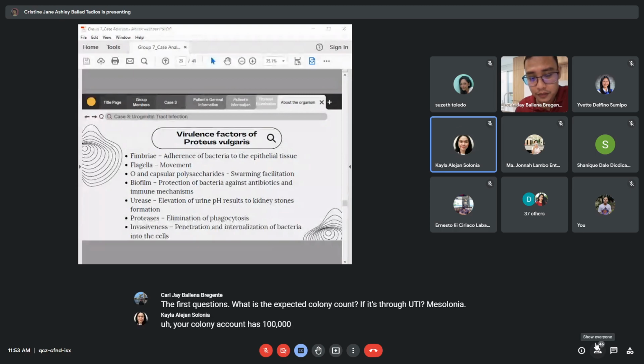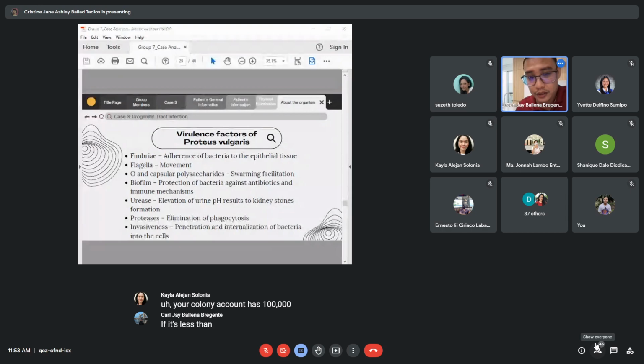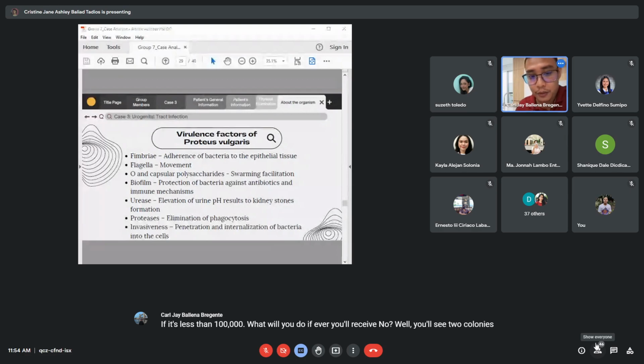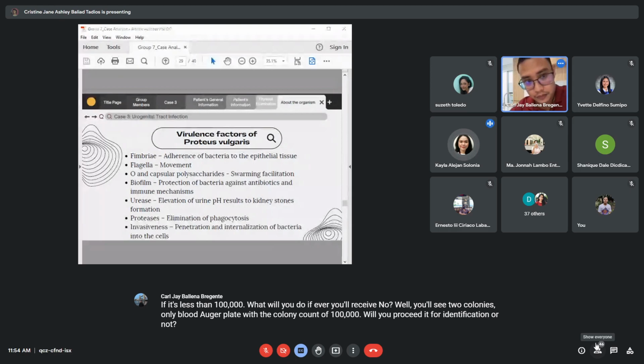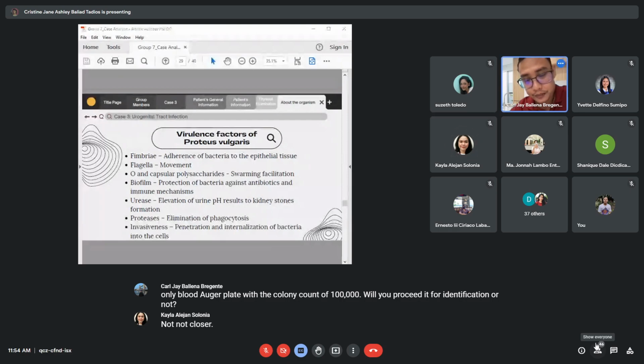If it's less than 100,000, what will you do if you see two colonies on a blood agar plate with a colony count of 100,000? Will you proceed with identification or not? Not, sir.